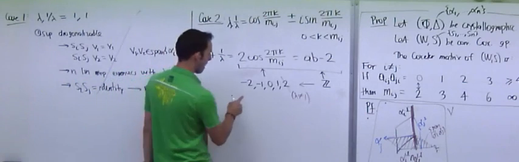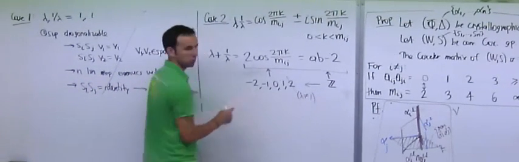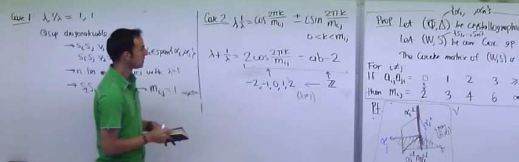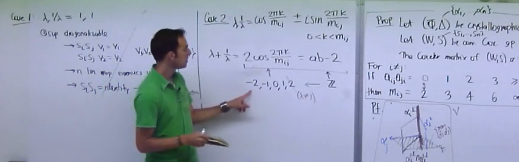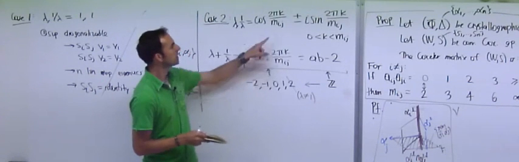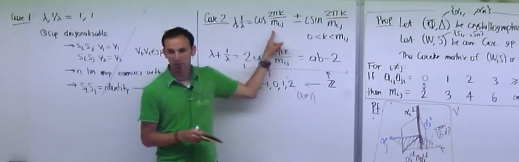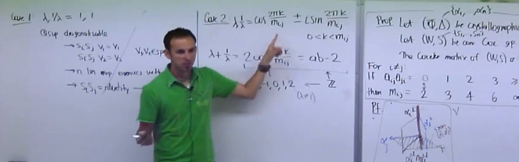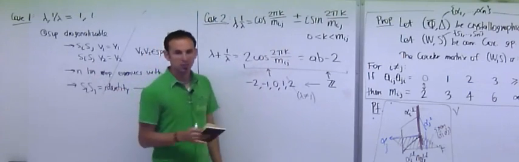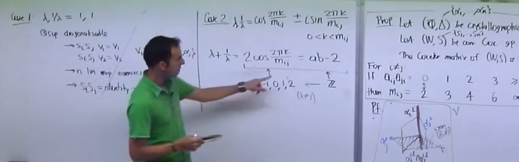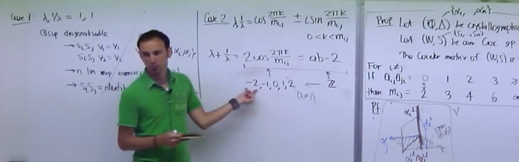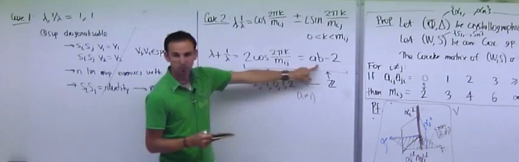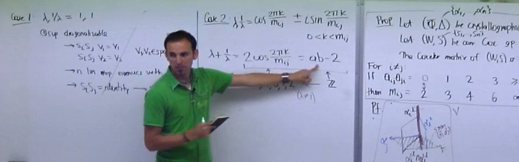Now, could this be a minus 2? Well, let's try to repeat that argument. If this is a minus 2, that means that this cosine is a minus 1. That means that the eigenvalues are minus 1 and minus 1. That's not necessarily a contradiction. So we don't get a contradiction, but actually if you look at the other side, we do get a contradiction, because if this was a minus 2, that would mean that AB would have to be 0. AB is Aij, Aji.